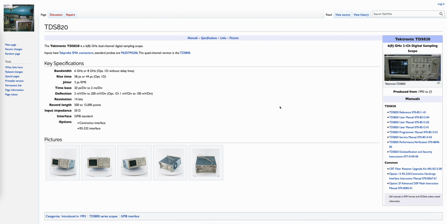Well, that's not true. It has them internally. Let's say that it doesn't have modular heads. But I find that weird because, as you can see, it's an 8 gigahertz sampling oscilloscope that is not modular. You can buy either the 820 with two inputs or the 840 with 4 inputs.